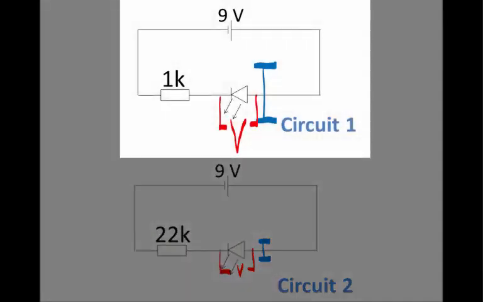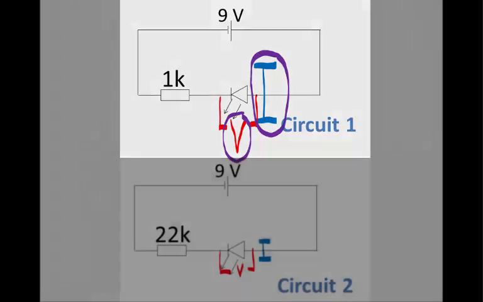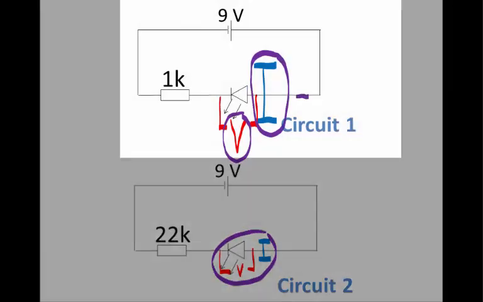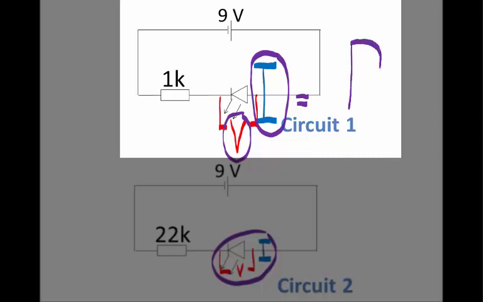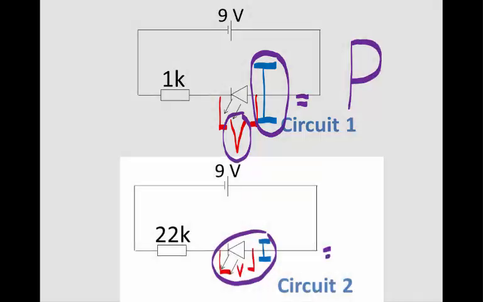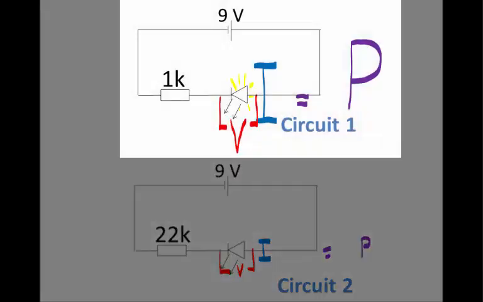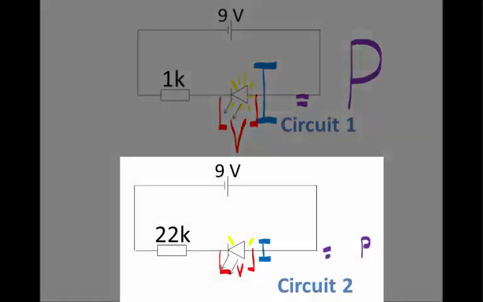So circuit 1's LED has both a greater potential difference across it and a higher current strength through it than circuit 2's LED does. And so when you multiply V multiplied by I, you're going to get a bigger power value in circuit 1 than you are in circuit 2.